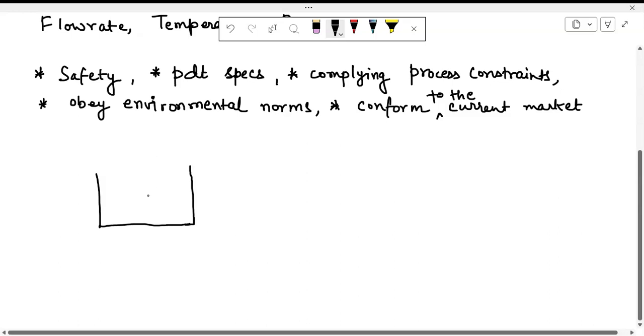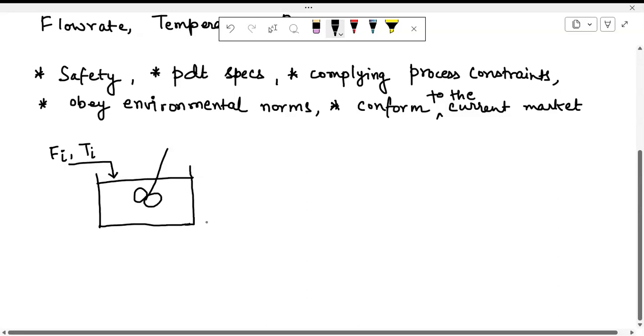So, what we have here is a liquid which is being reacted in a stirred tank reactor. This is the stirrer, and there is an input flow rate Fi, and the input temperature is Ti. These are process variables.